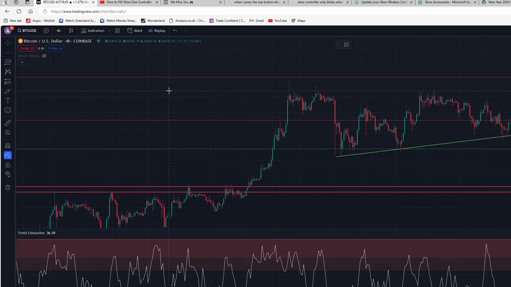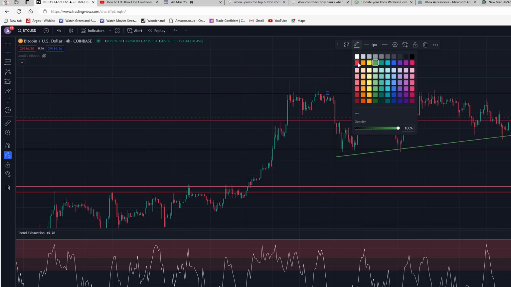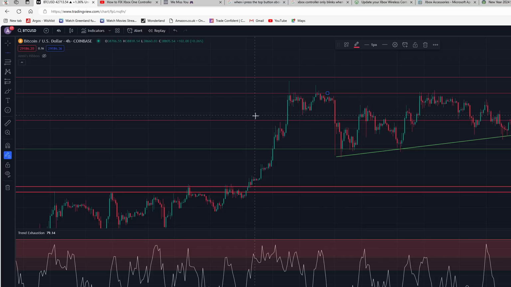In this scenario, we will say this area up here, since we can see there are loads of touches, is a resistance temporarily. Every time the price has reached around this level, it has normally fallen.